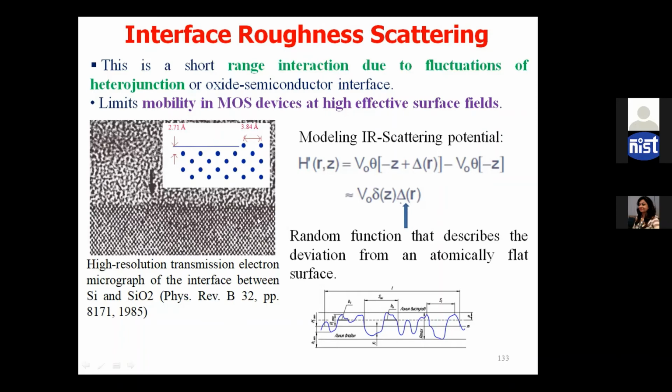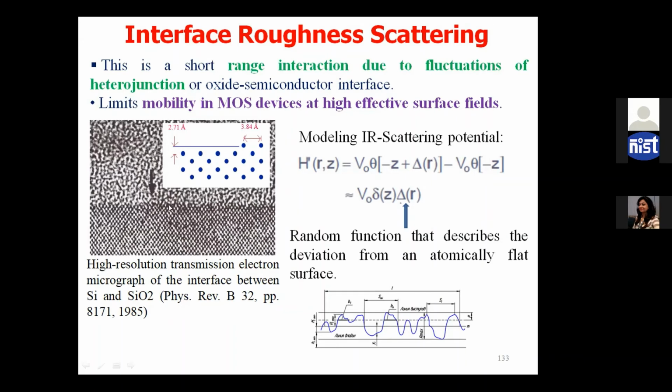So you can see, if you zoom in, then that surface will look like this. Instead of flat, there will be roughness. So as there is roughness, when our electron is confined in this well, if we say this is a well and this is a barrier in terms of a quantum well.